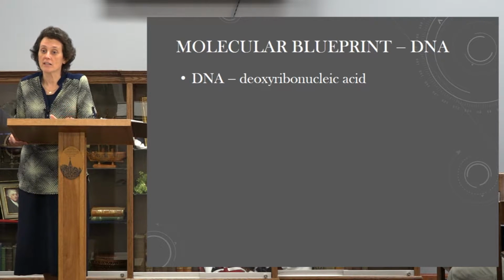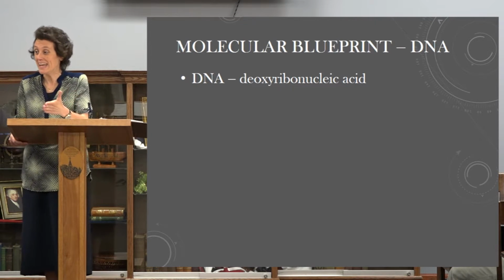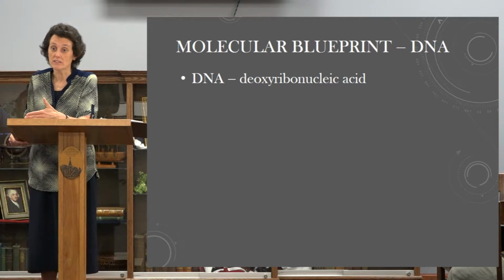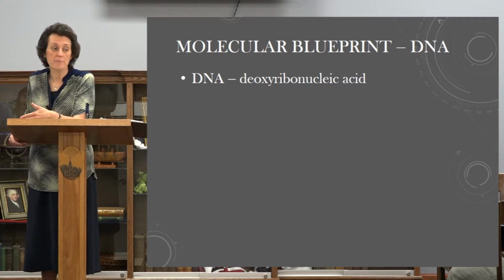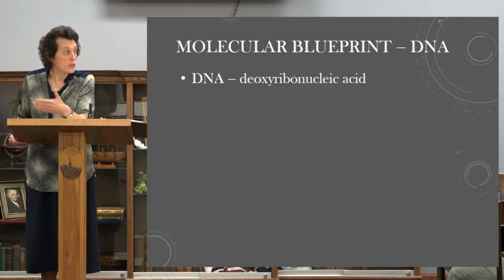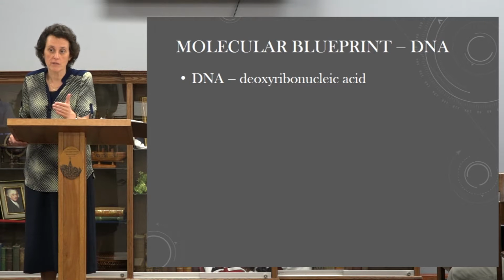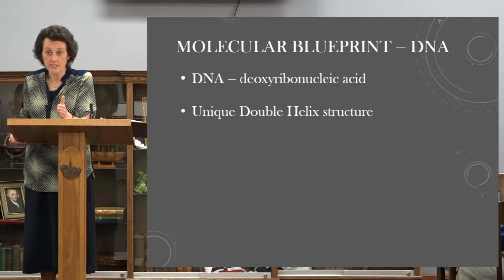So again, living things are fundamentally the same on a molecular level. They're all made up of proteins, carbohydrates, and lipids. And they all use DNA as their molecule of heredity. This is what the genes are actually made of, the DNA molecule.